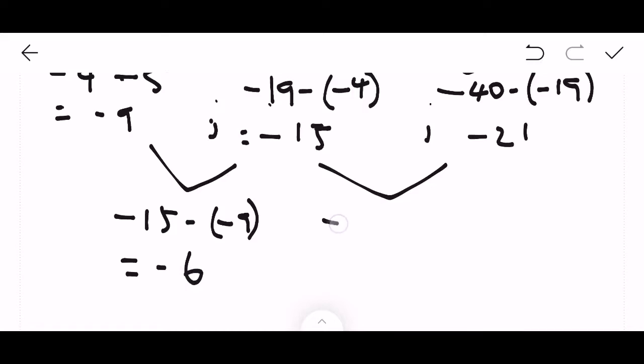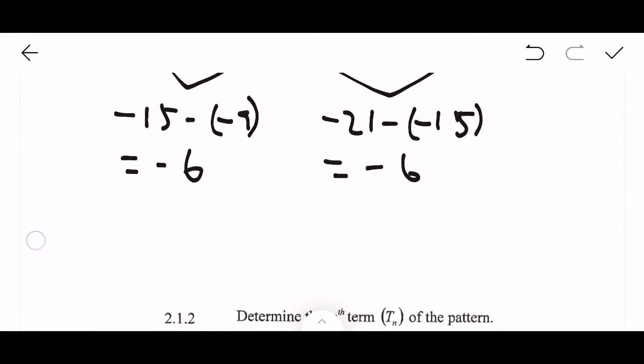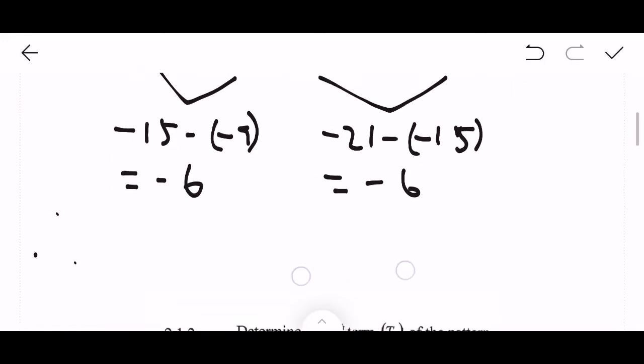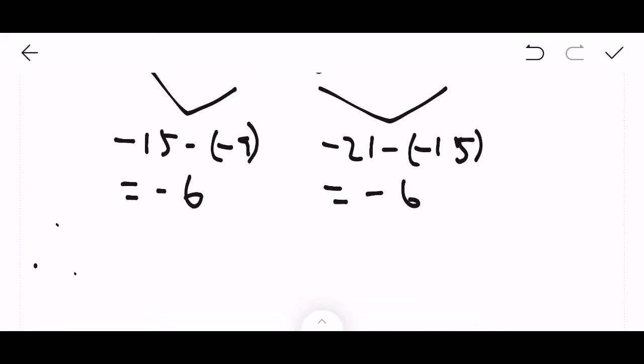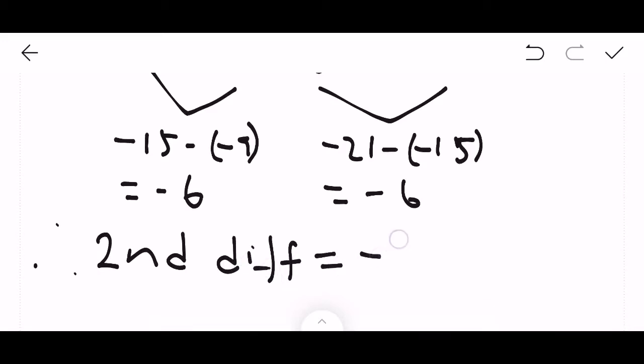The difference between minus 21 minus into minus 15, that is minus 6. So we can conclude and say, therefore, the second difference is equal to minus 6.